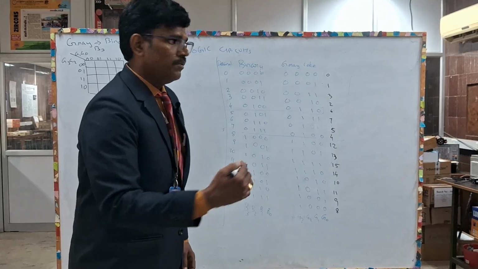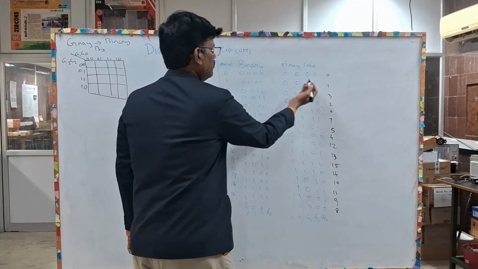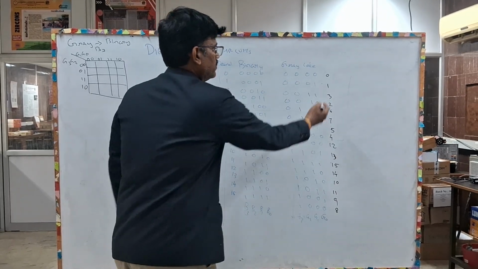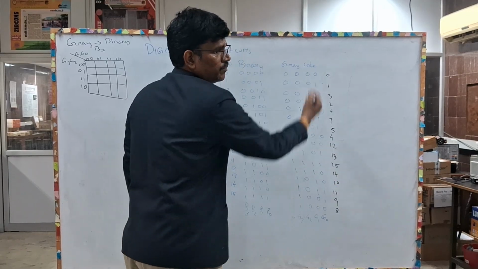So when you map, we take this representation for that particular value, and we are supposed to fill this with the minterms.